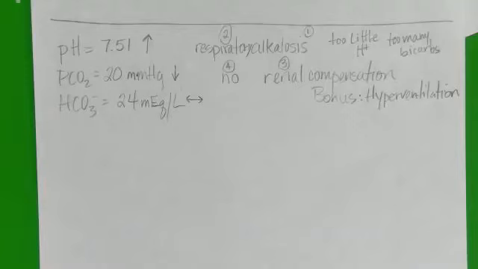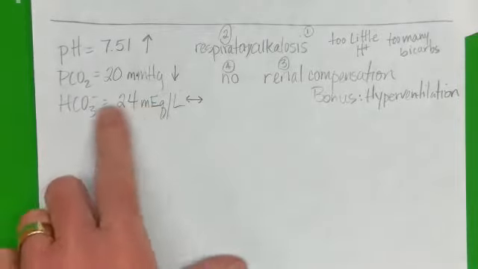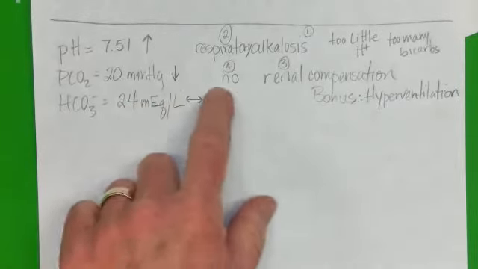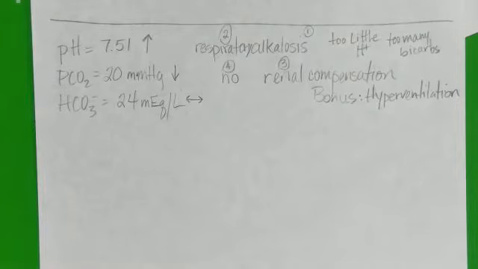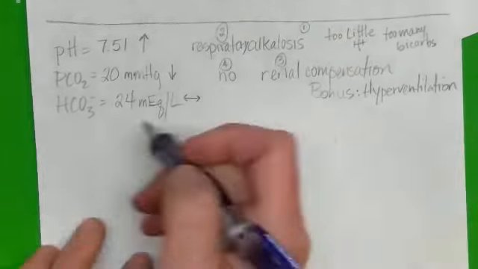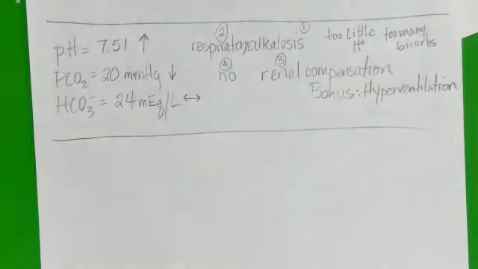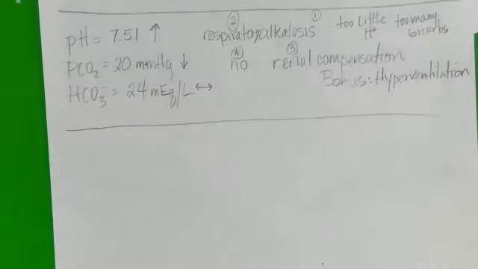So I never hyperventilate long enough to really be sick. And so my kidneys will never really compensate; I'll almost always be in no compensation if I'm in respiratory alkalosis. But that's extending beyond what you need to know right now.